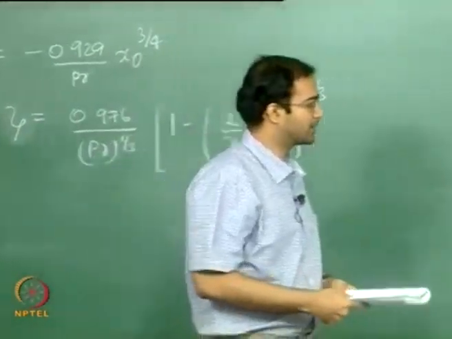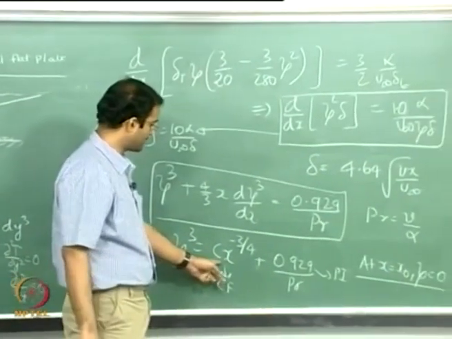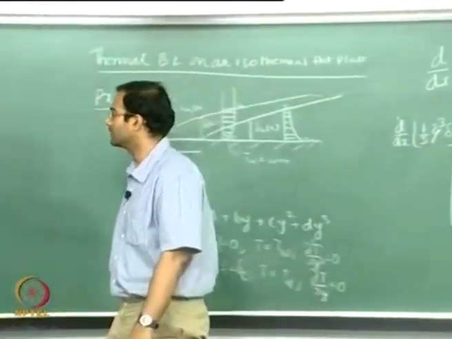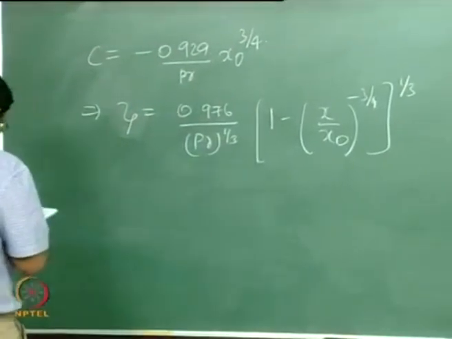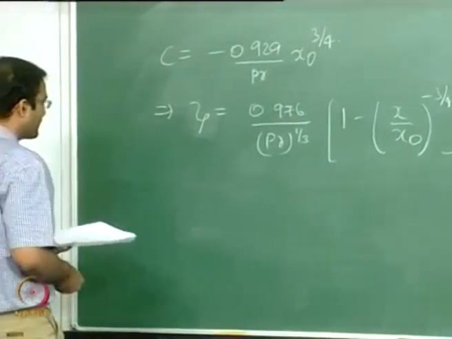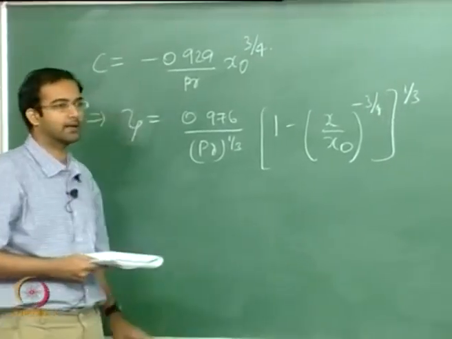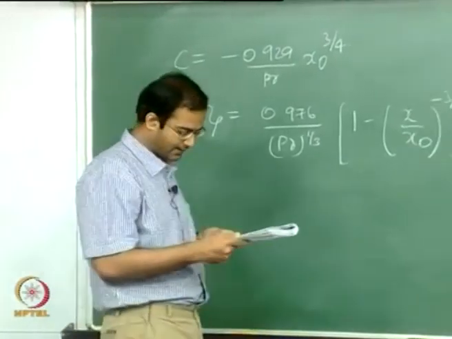So I am substituting for C into this expression right here, and I will get the final expression for zeta. So now this is done, therefore we now know the thermal boundary layer thickness expression, because zeta is nothing but delta T by delta, and delta is already known, so we can find the expression for delta T.